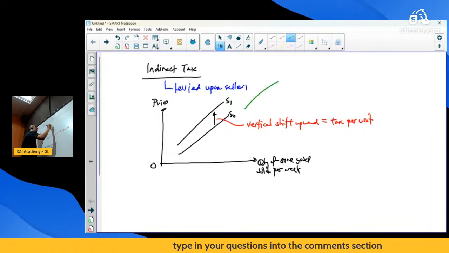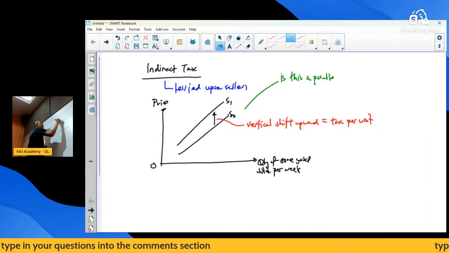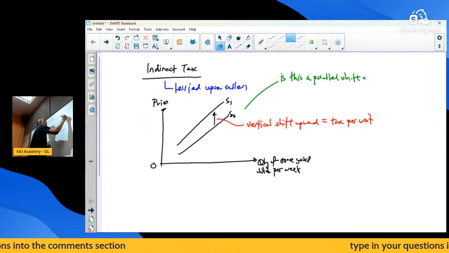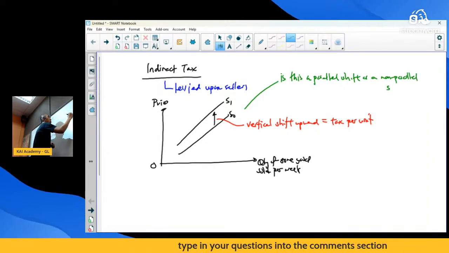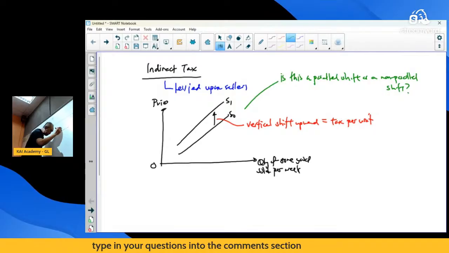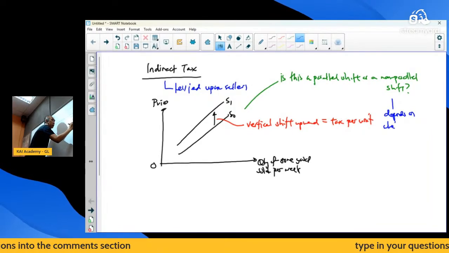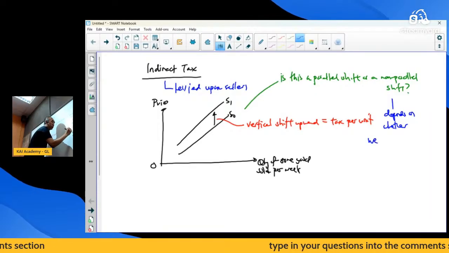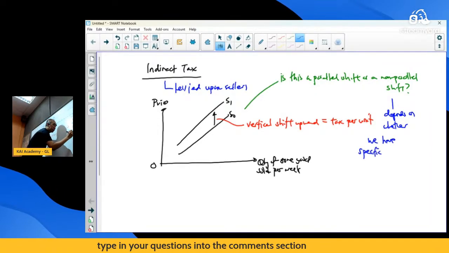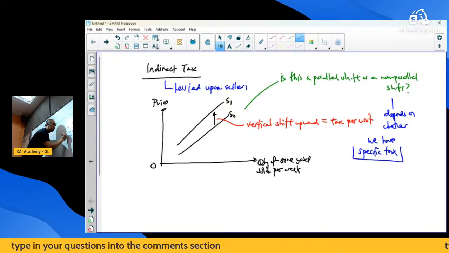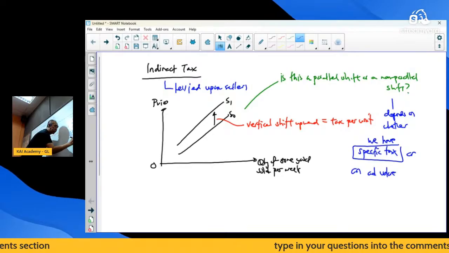Is this a parallel shift? Or a non-parallel shift? Then that depends on whether we have a specific tax or an ad valorem tax.